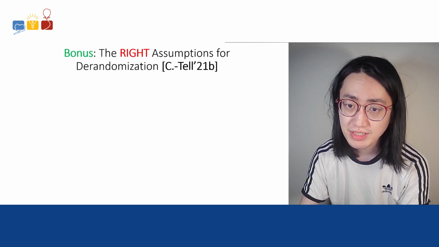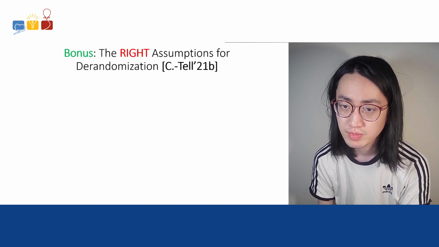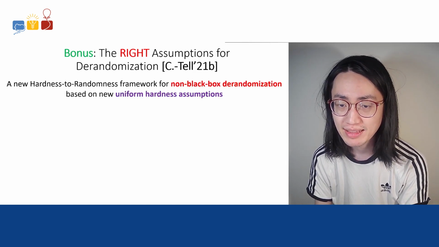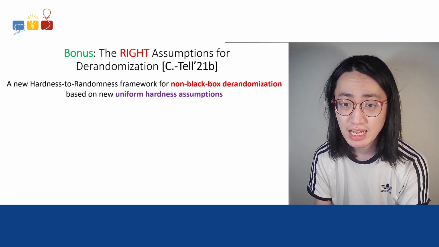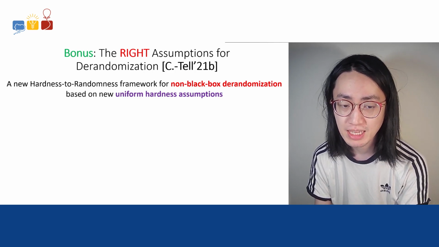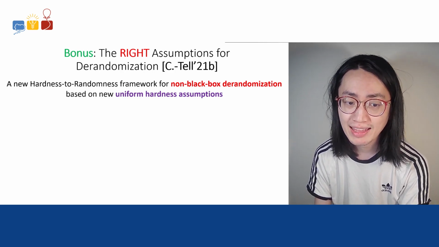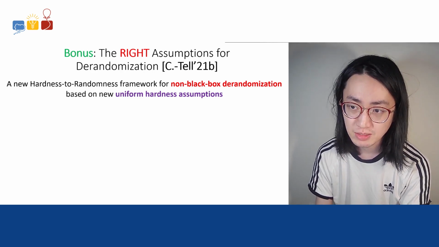Finally, we mentioned a bonus result on the right assumptions for derandomization. In a recent paper by Chen and Tell, we give a new Hardness-to-Randomness framework for non-black box derandomization based on new uniform hardness assumptions. Recall that in classical work, we have to assume hardness against non-uniform algorithms to get derandomization.